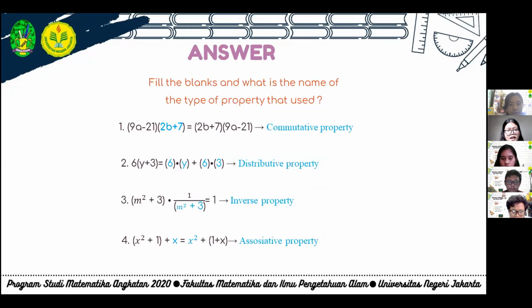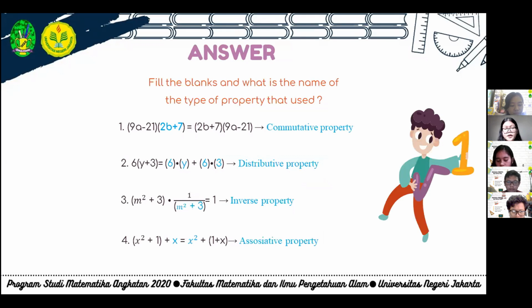And all of you did an amazing job in answering the exercise. So this is the key answer to the question. For number 1, we had 2 times b plus 7 in the blanks and use the commutative property to solve that question.